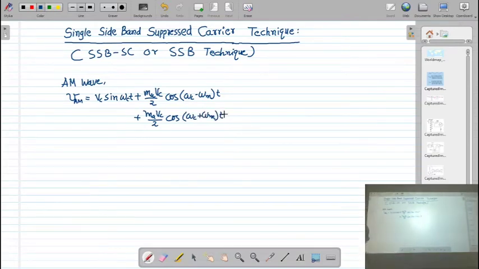So this is our original amplitude modulated wave.